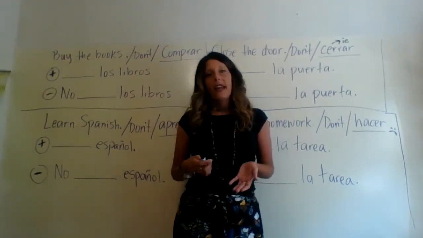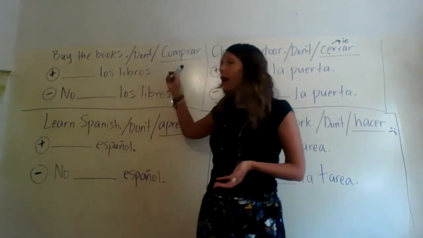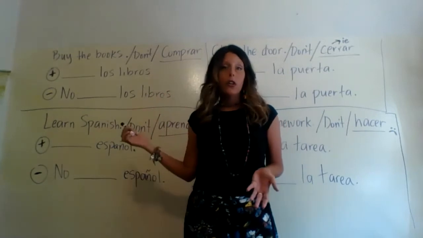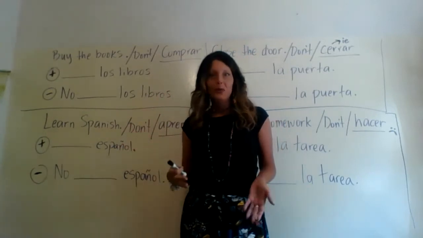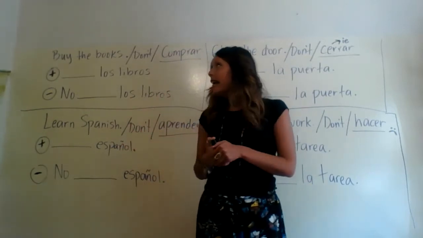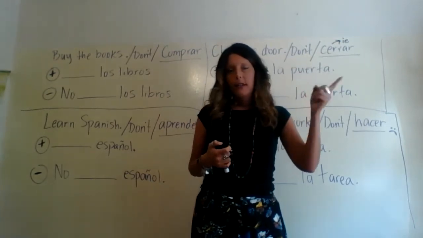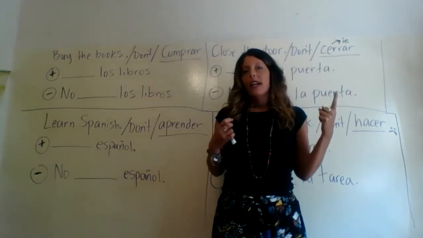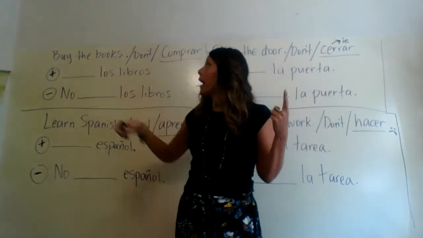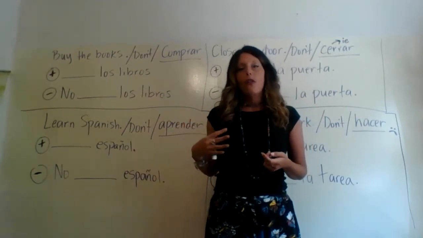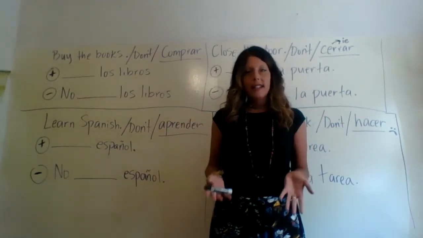So if we're thinking about the verb comprar that we need to use in the sentence with buy the books, my affirmative informal tú command, then if I chose option A, I might go through and do a whole conjugation box for the verb comprar in the present tense.